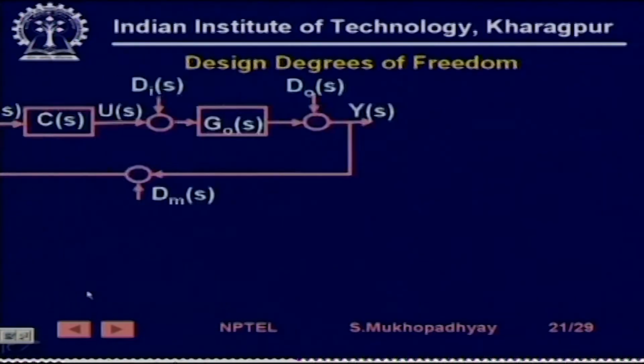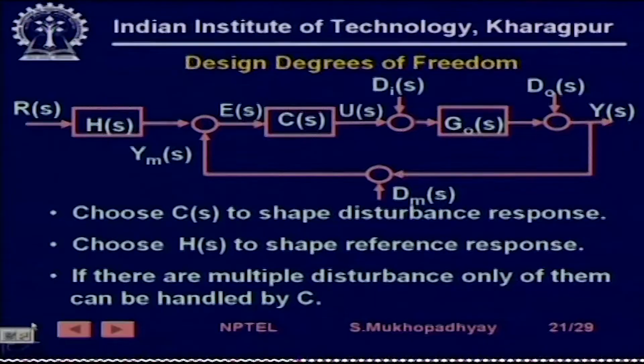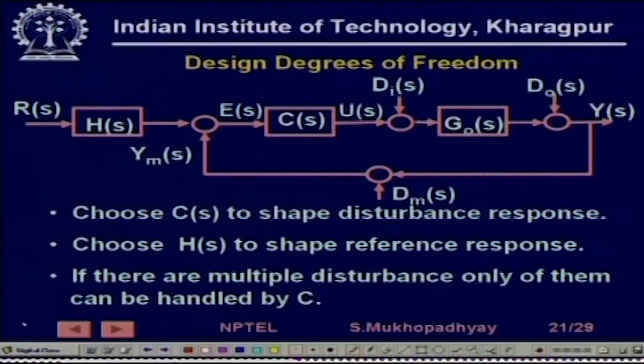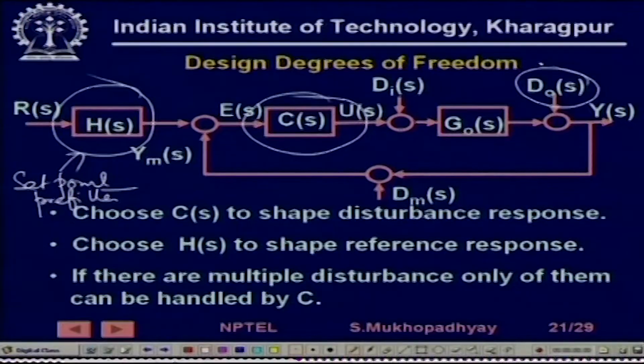Now you could improve this situation by having this. For example, in this case there are 2 degrees of freedom. Why? Because you have introduced a set point pre-filter. So you choose Cs to assign a response to D0s, and once you have done that, then you choose Hs to shape the reference response.